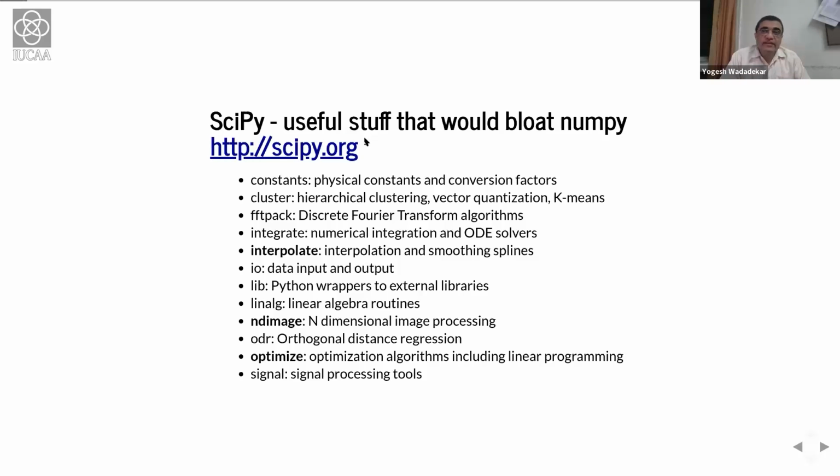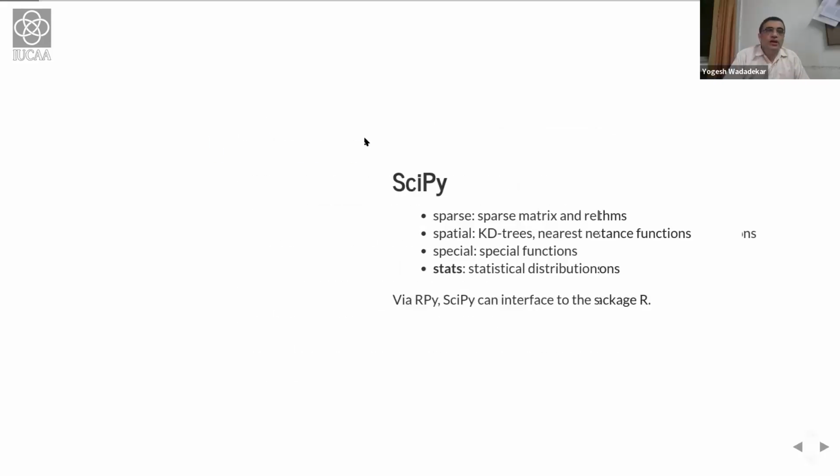So all of that n-dimensional image processing can be done with ND image. Optimize is also a very, very useful module within Scipy, and it includes a large number of optimization algorithms. I'm going to point you to some of the methods within this module, which I found to be very useful. If you do a lot of 1D signal processing, then the signal processing tools in Scipy are also worth a look.